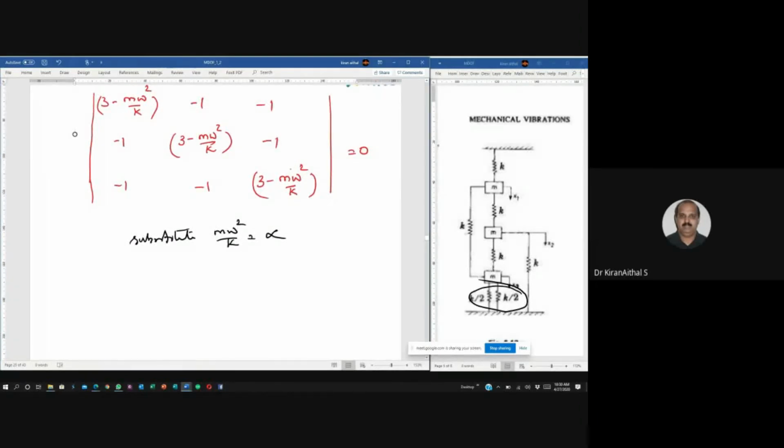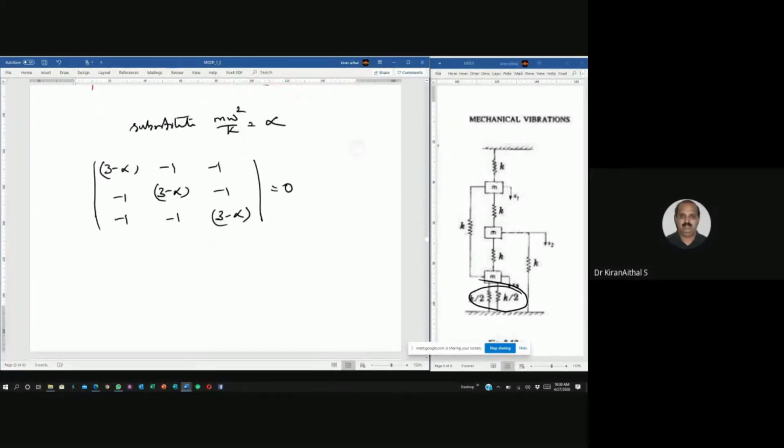So when I do that one, my equation becomes very simple. 3 minus alpha, minus 1, 3 minus alpha, minus 1, minus 1, minus 1, and 3 minus alpha is equal to 0. See the beauty now here? Correct or not? It becomes so easy now to solve the problem.